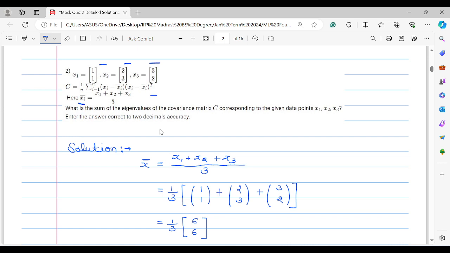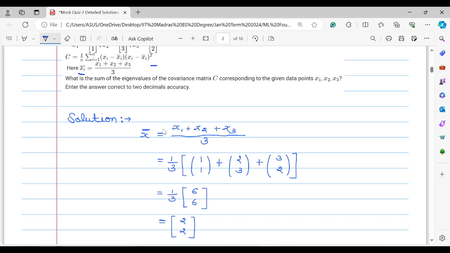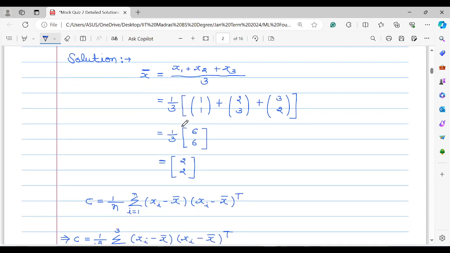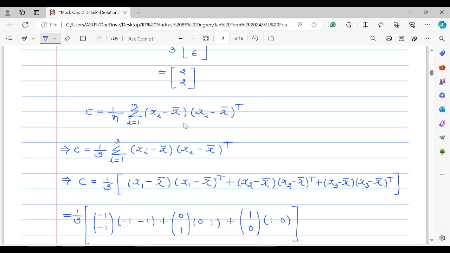Okay, so first we will find the mean vector. Mean vector we will calculate as x1 plus x2 plus x3 divided by 3. So just simply substitute the values of x1, x2, x3 and get the mean vector, which is (2, 2). Okay, and after this we will calculate the covariance matrix, which is given by this equation: 1 by n summation from i equal to 1 to n of (xi minus x bar) times the transpose of (xi minus x bar).